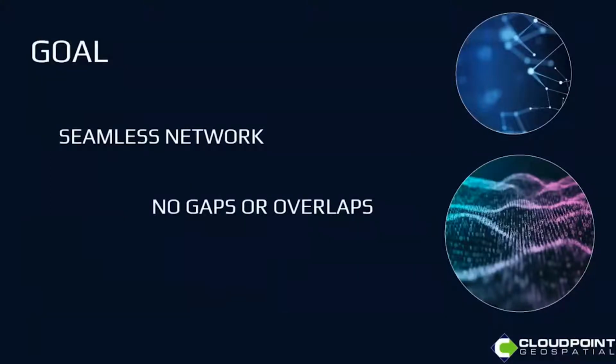First off, the goal here is to create a seamless network, so no gaps or overlaps. It's fairly easy for data maintainers within a PSAP to manage data that we control within our PSAP boundaries.